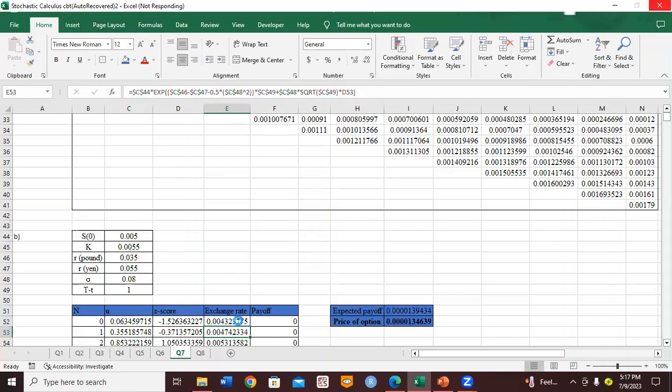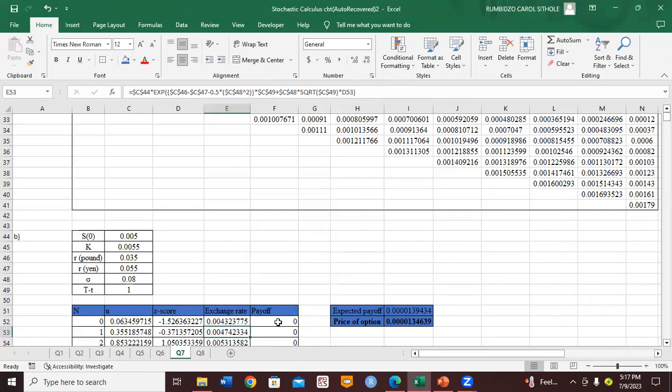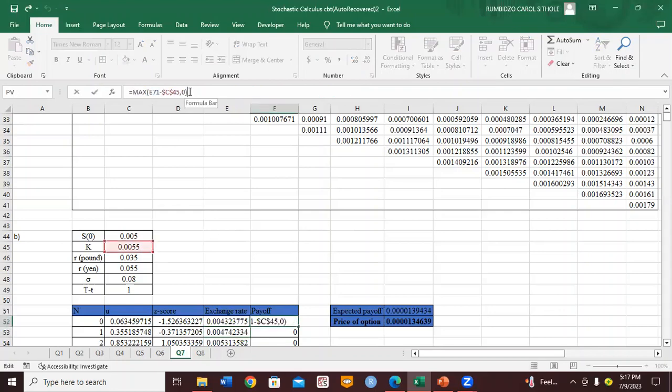And also we'll move on to our payoff. So for our payoff, you do the maximum of your exchange rate minus your strike price, or 0. So you click enter. If it's less than, it's going to be 0.